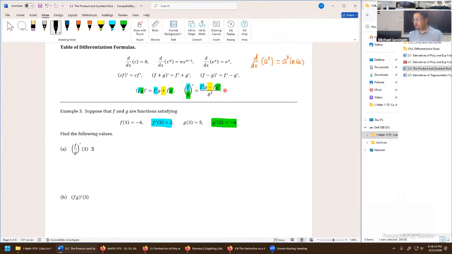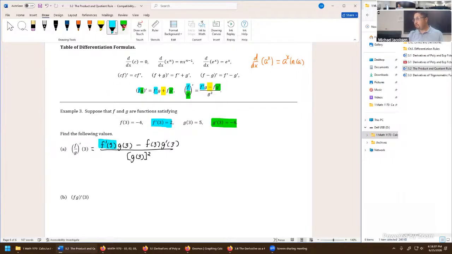So if we were to follow out that process, we would say f prime at 3 times g at 3 minus f at 3 times g prime at 3. So I copied essentially what's in the numerator by this red dot, but I plugged in at 3 because now we have a specific input. Then we divide by g at 3 squared.